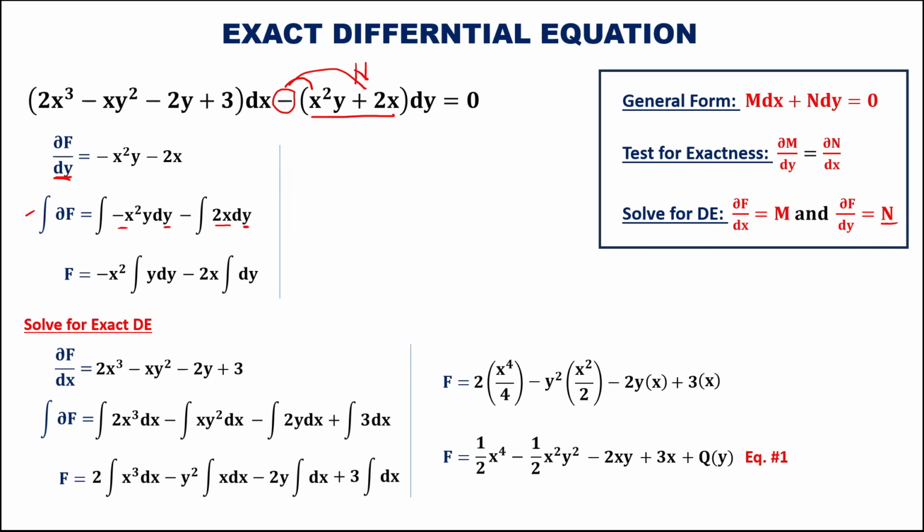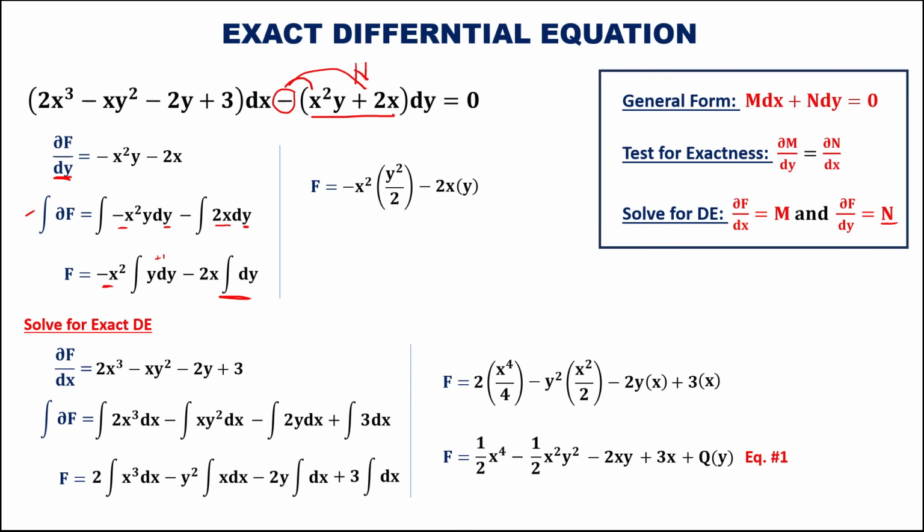Then to evaluate now the integral, first, bring down the constant, then times the integral of y dy. So again, plus 1 for the exponent, so y squared over 2. Then bring down negative 2x, then the integral of dy, this is y.